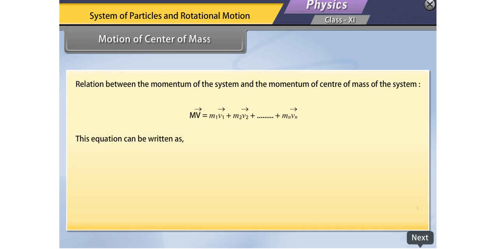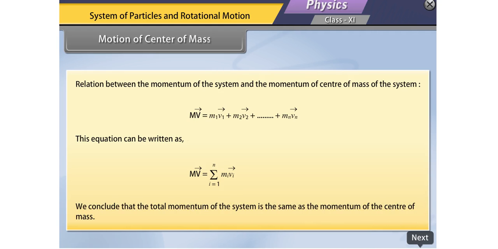This equation can be written as mv vector is equal to the summation from i equals 1 to n of the product of mi and vi vector. We conclude that the total momentum of the system is the same as the momentum of the center of mass.